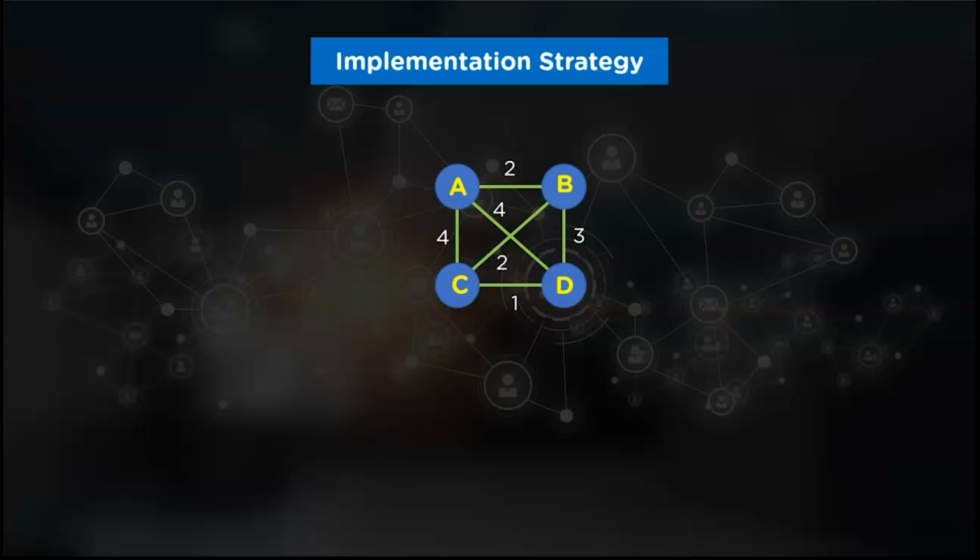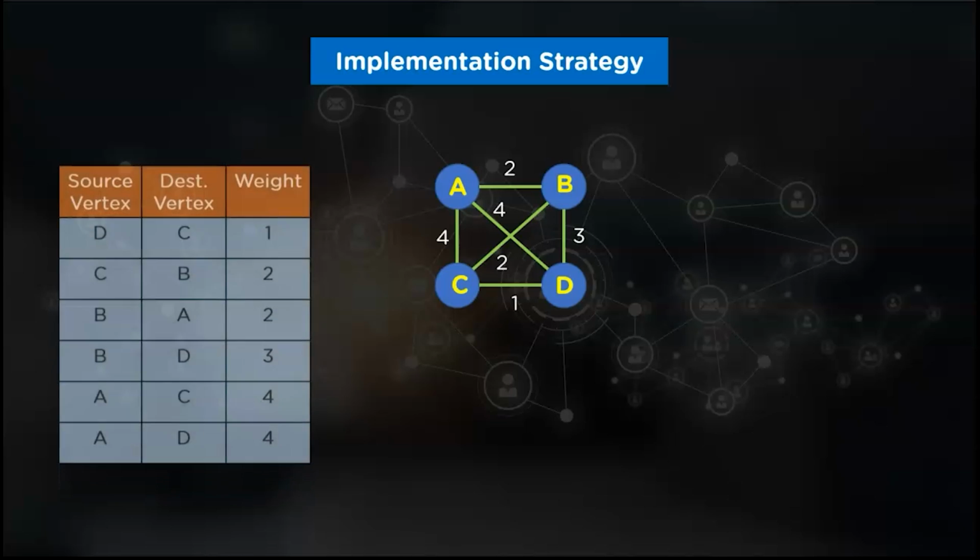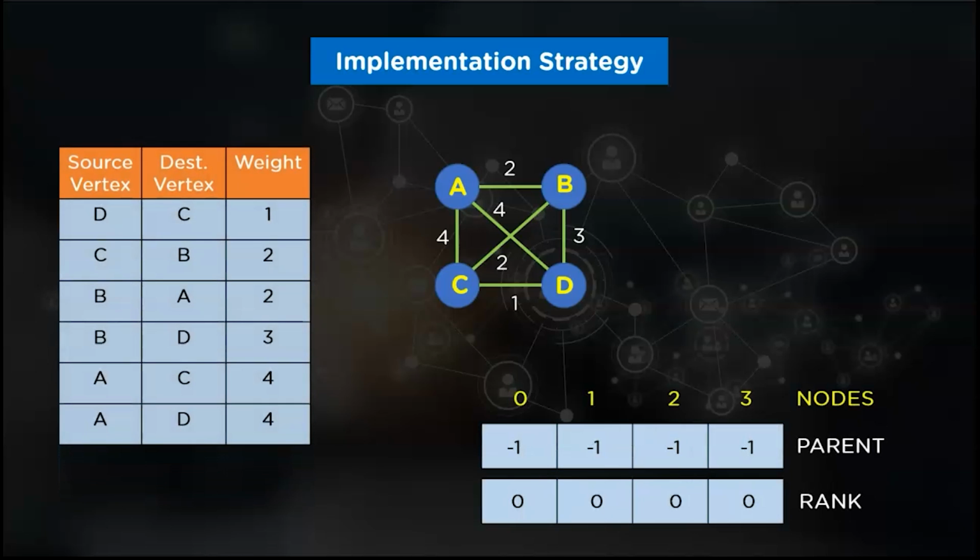This is the graph structure for which we'll try to generate a minimum spanning tree using the C programming language. As discussed earlier, primarily we'll create a sorted list of all edges in increasing order of their edge weights. The list will contain the source node, destination node, and corresponding edge weight for that particular edge. Along with that, we are going to maintain disjoint sets to carry out the union operation.